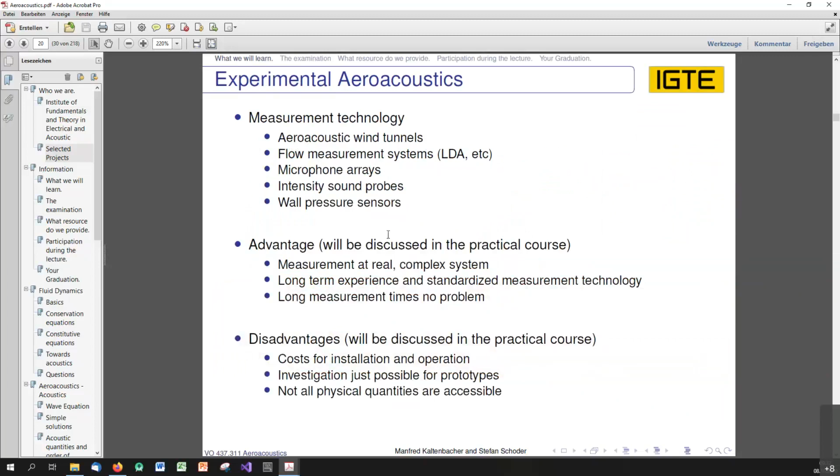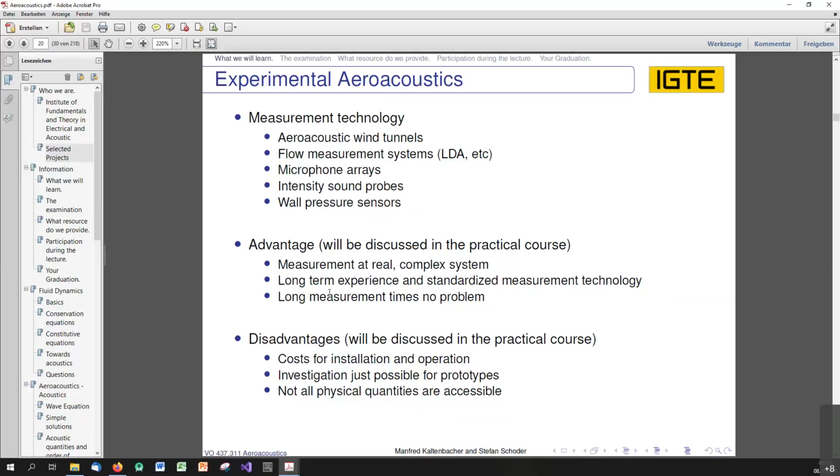Throughout the lecture, we'll also cover a little bit about the experimental approach in aeroacoustics and how it is used: typical measures and measurement technology, like the aeroacoustic wind tunnel, typical flow measurement systems, microphone arrays, sound probes and wall pressure sensors.